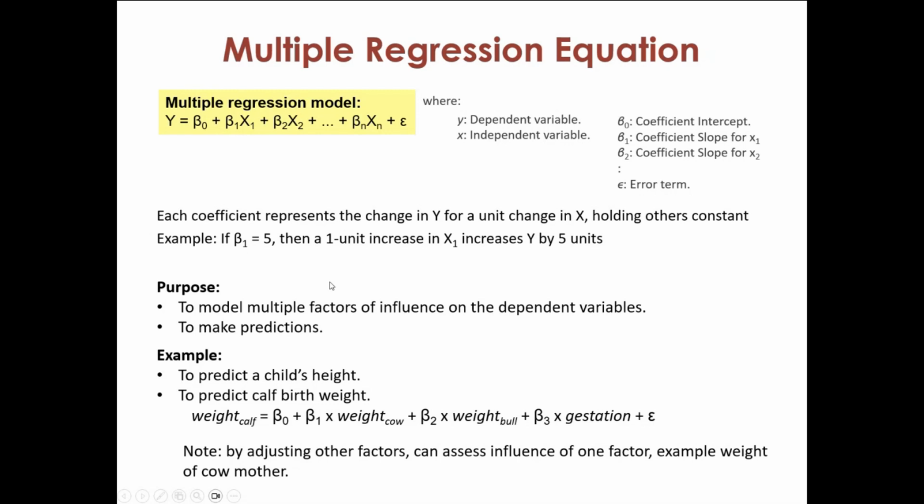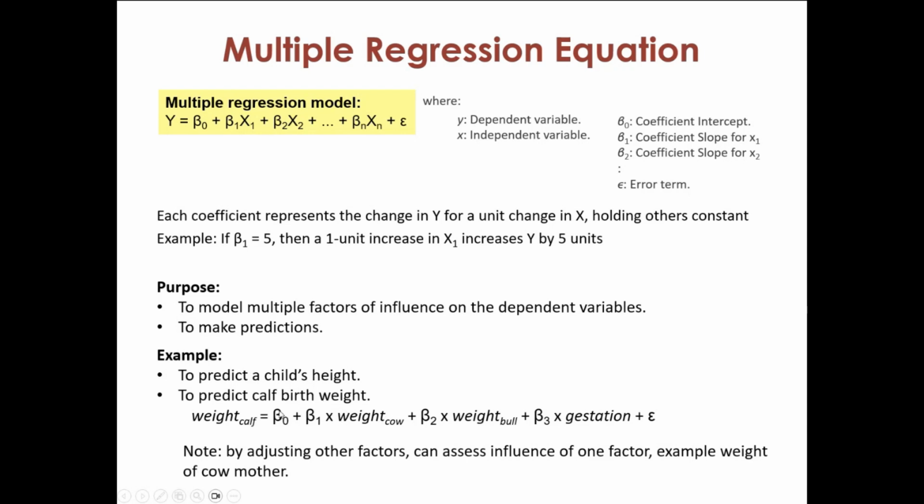As you should know now, the purpose of multiple linear regression is to model multiple factors of influence, not just one factor. For the same reason as in simple linear regression, you use multiple regression for predictions. For example, to predict a child's height, we have talked about it. The other example is to predict calf birth weight.